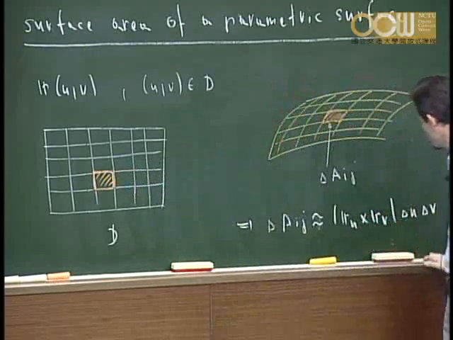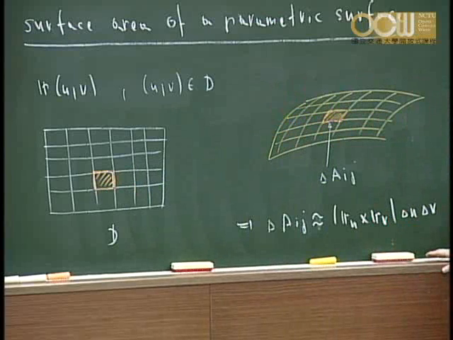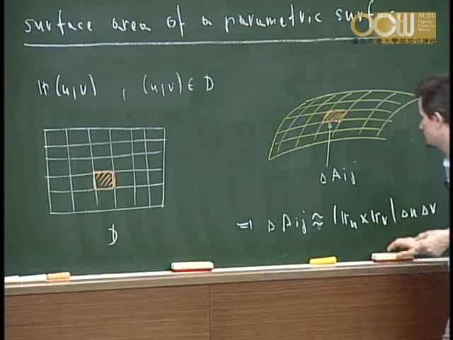Actually, we have done something very similar when we proved the formula for the change of variables for a double integral or triple integral. So this is just the same here.